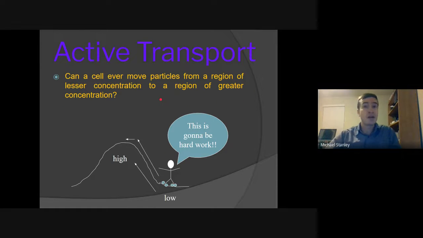So sometimes cells want to get rid of stuff that is a low concentration inside the cell or a high concentration out. Even though it's set up like that, the cell still wants it out. Or maybe the cell has a high concentration of a certain particle inside, but it still wants to bring more and more to the inside of the cell.